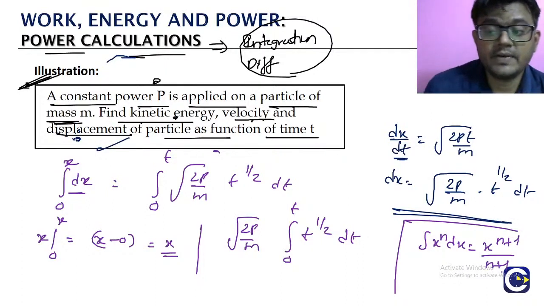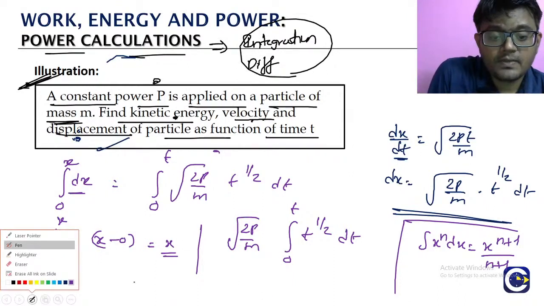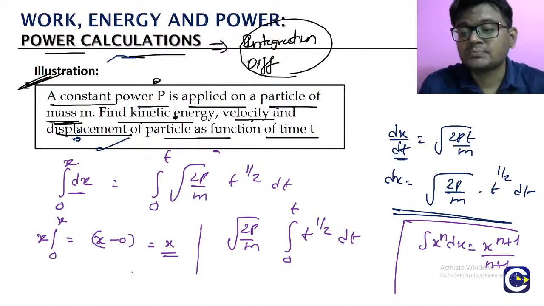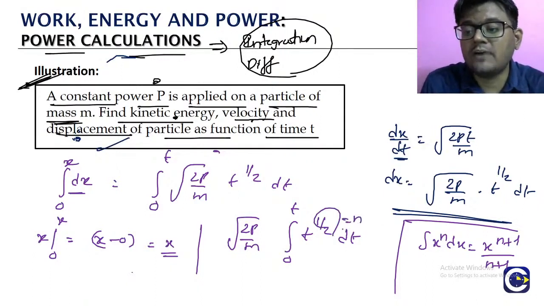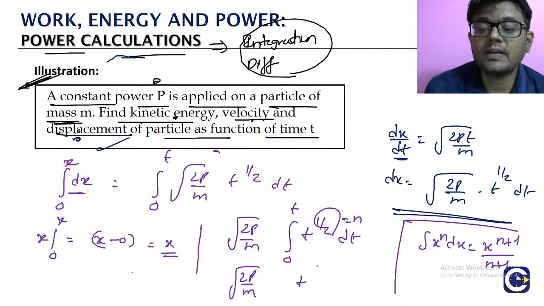So here n is half. Root 2p by m stays as it is. T power half plus 1 means 3 by 2, divided by n plus 1, which is again 3 by 2. Limits we have to substitute.